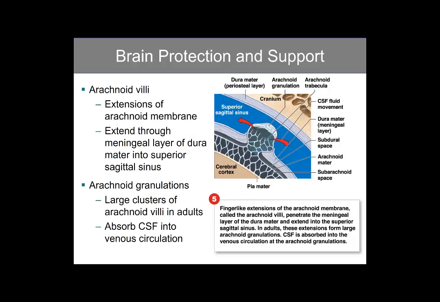In terms of draining, when the cerebrospinal fluid is in the subarachnoid space, as we see right here, it drains through the arachnoid villi. Villi are nipple-like projections. So you have these little interruptions within the subarachnoid space that are the arachnoid villi, and they extend directly into a vein.